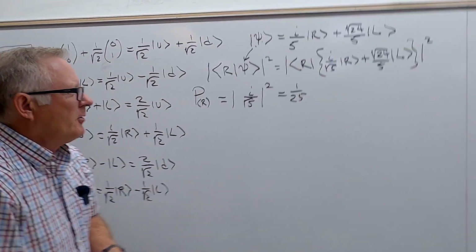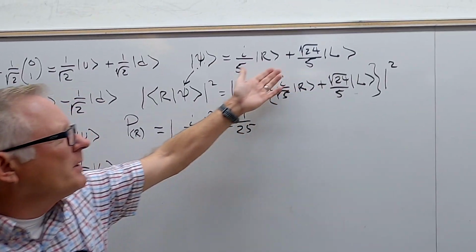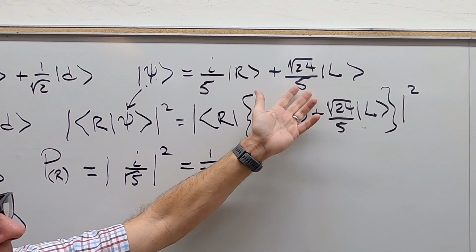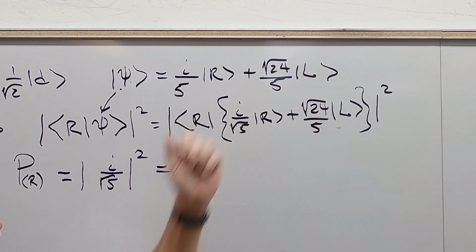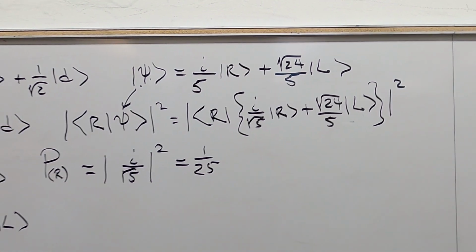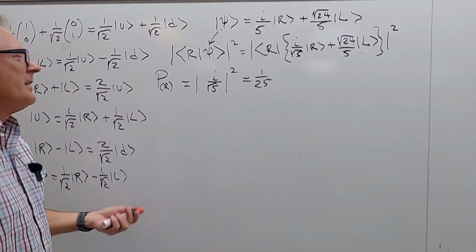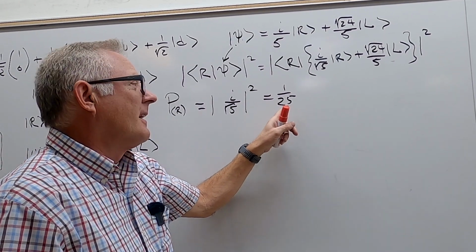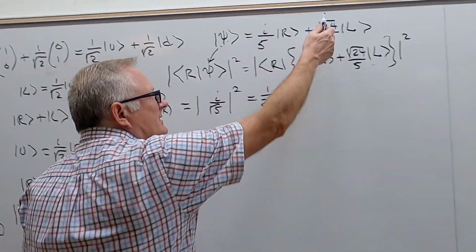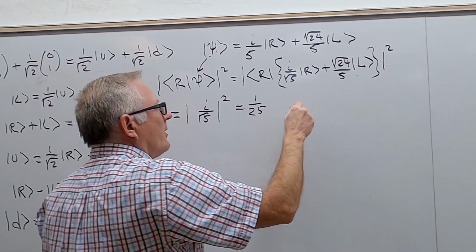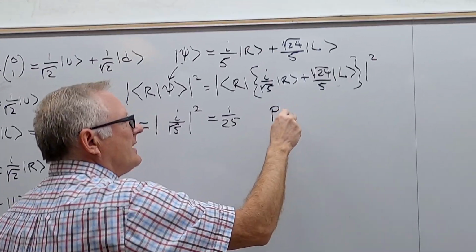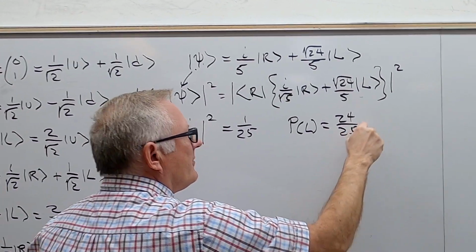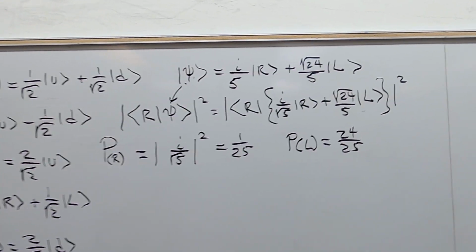Matter of fact, anytime you're in a state like this, the probability of measuring this is just going to be this times its complex conjugate. The probability of measuring the left will be just this times its complex conjugate. If I asked what is the probability of measuring left, you already know what it is, because it's got to be the rest of the probability, which is just 24/25. You know, they have to add up to 1 also.